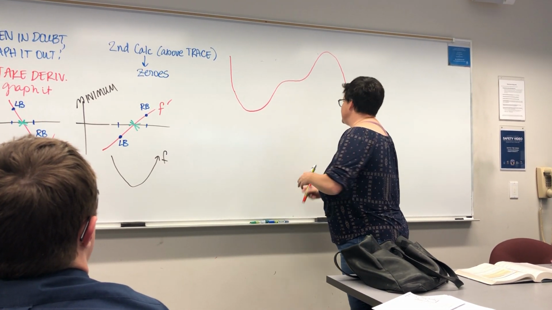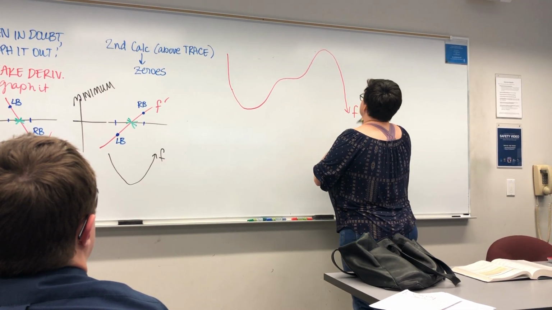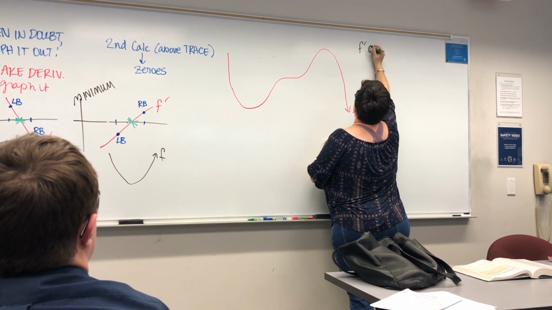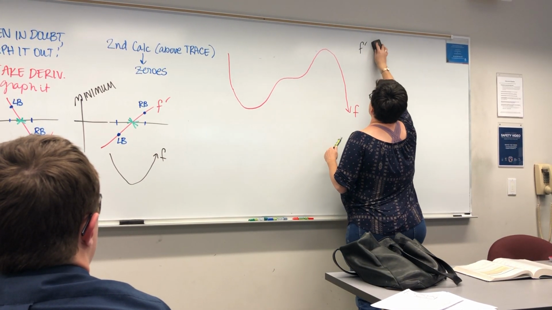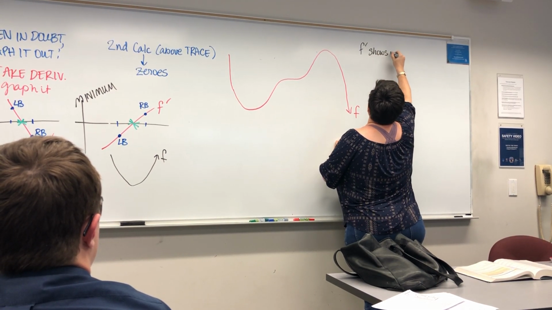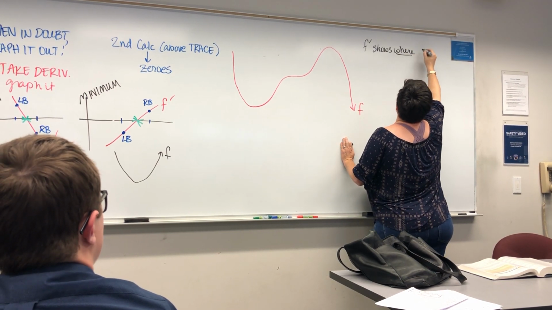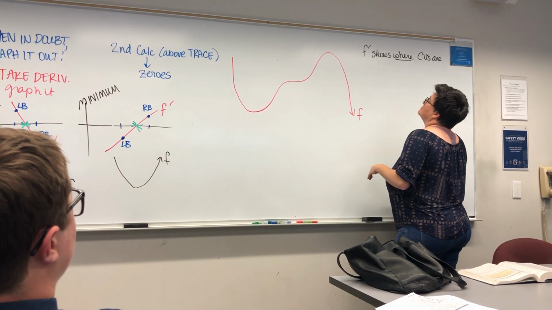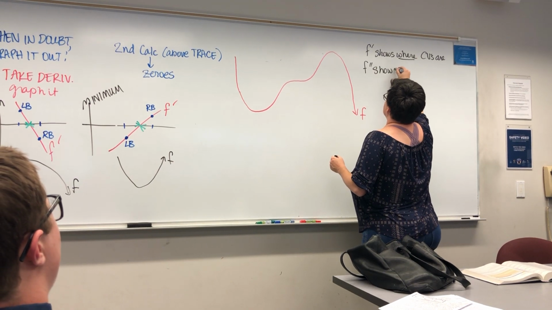I want you guys to take a look at this function. And we're going to use the first derivative to find the location of critical values. So f prime shows where critical values are. It identifies their x. And then f double prime shows what they are.